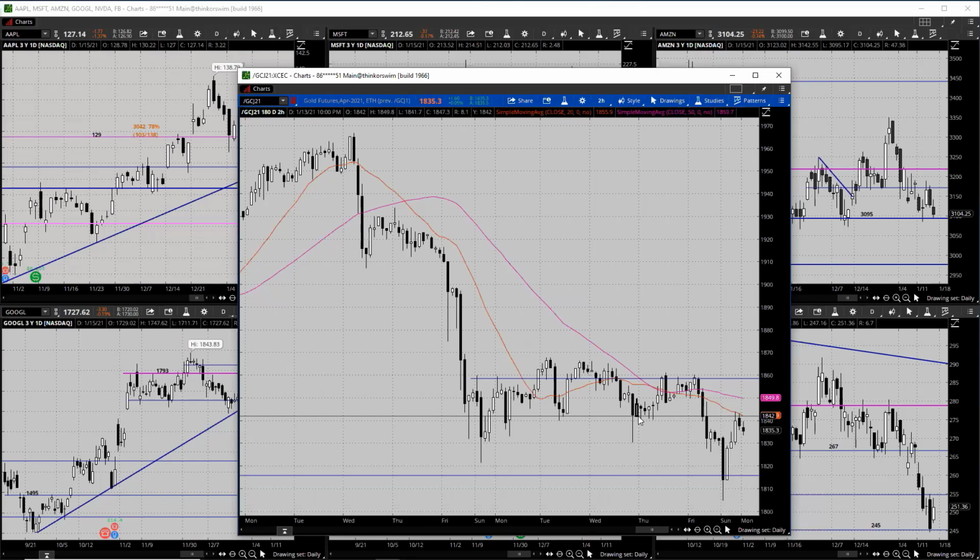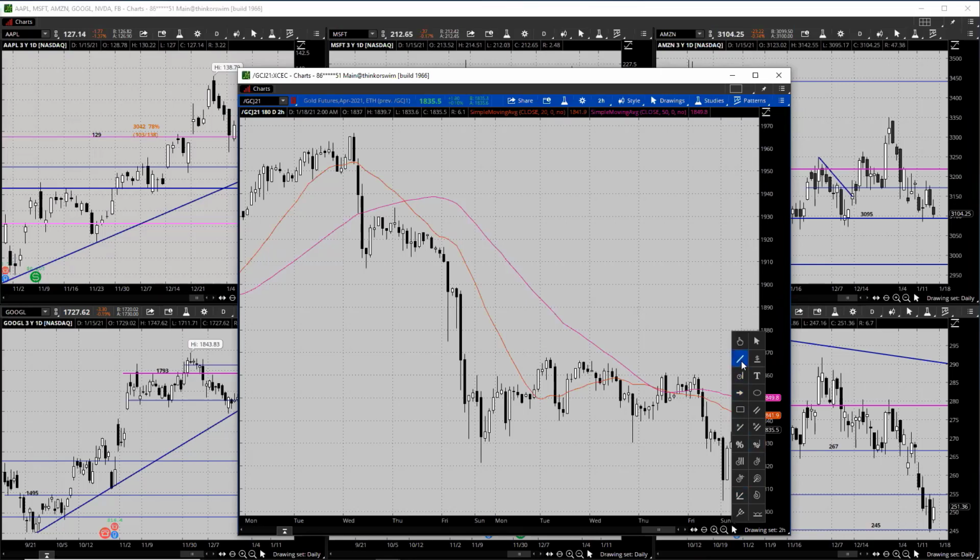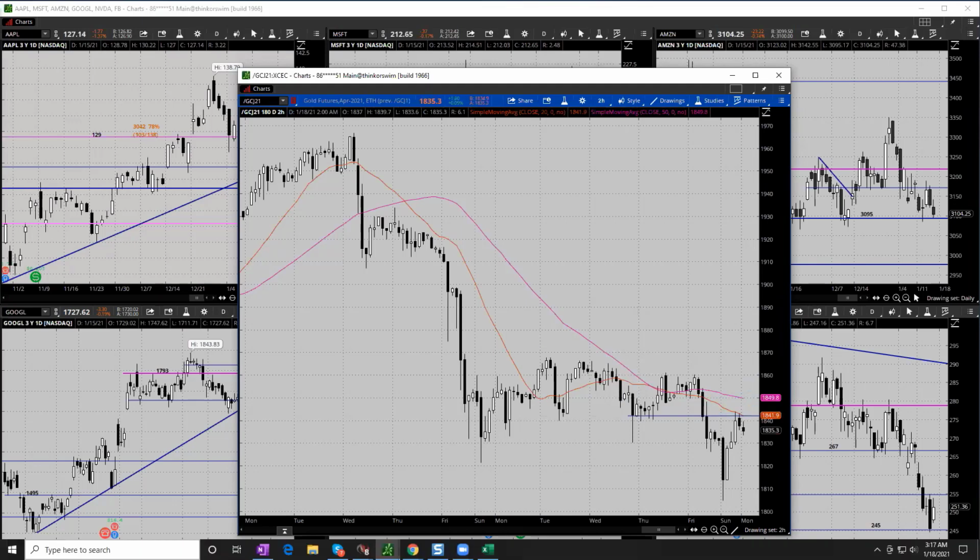Right there, 1842 on a 2-hour chart. So if we go on and create a new drawing set, 2H, that's immediate resistance right now on a 2-hour chart. You see it right there at 1842.